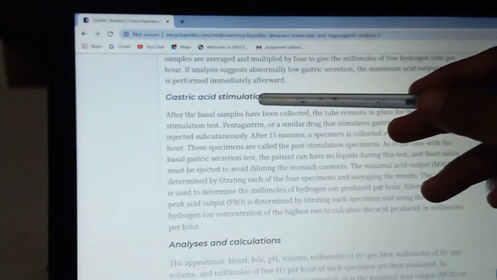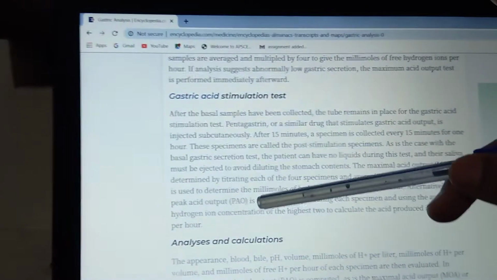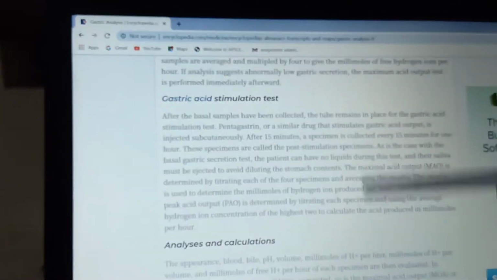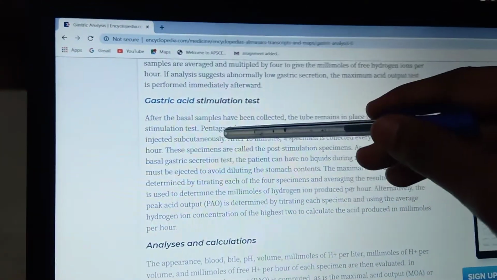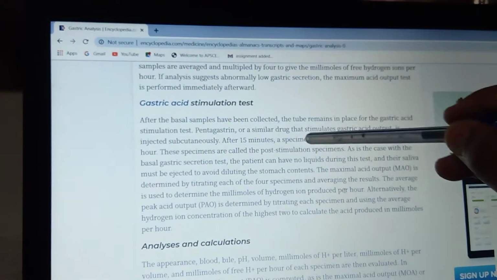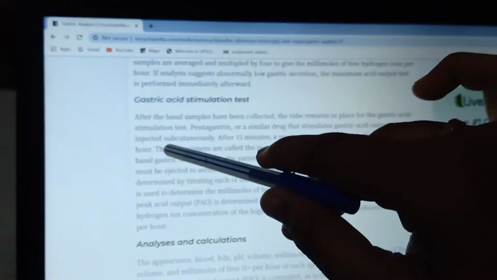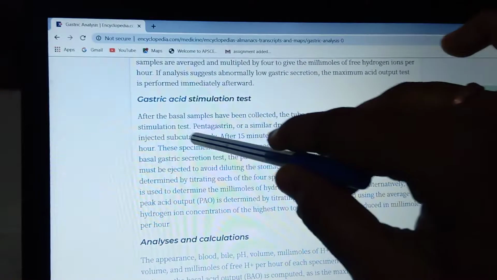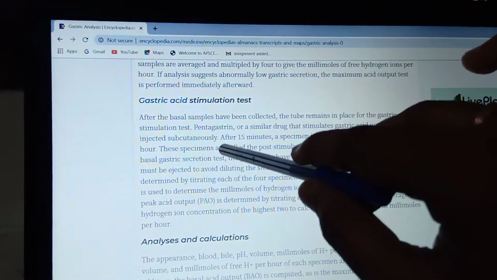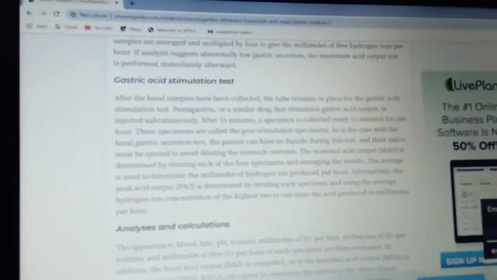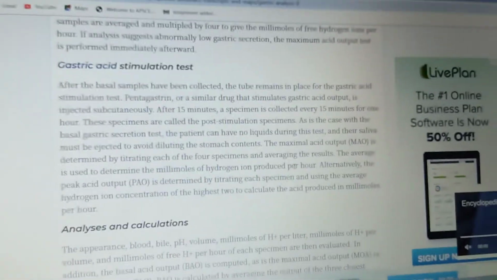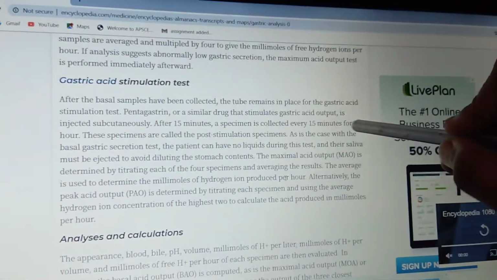How do they stimulate it? I already explained: the one drug that is essential for stimulating the gastric secretion. What is that? Pentagastrin. You have to give it to the patient, injected subcutaneously, and this injection will help to stimulate the process. For how long? You collect every 15 minutes for 1 hour.